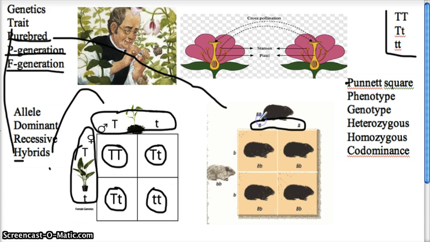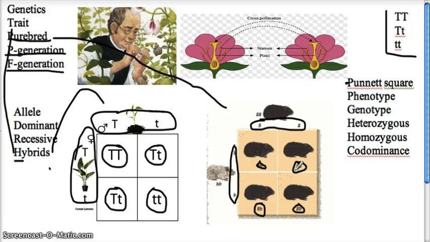You have capital B and capital B. So whenever you have a purebred white mouse, then that means you have bb with a small b. And what that means is that all of them carry that gene that has the white hair on it, but the recessive gene is not going to show up whenever it's paired with the dominant gene. And that's exactly what's going to happen right there.